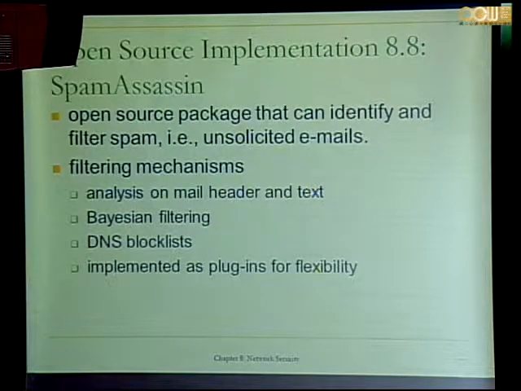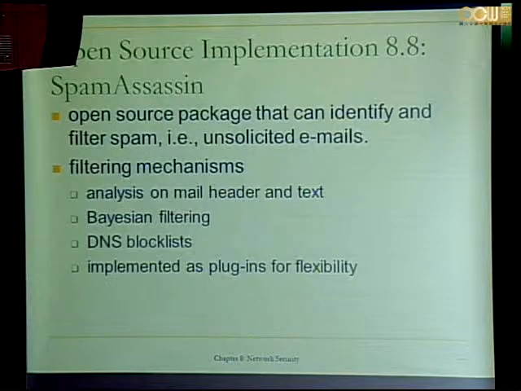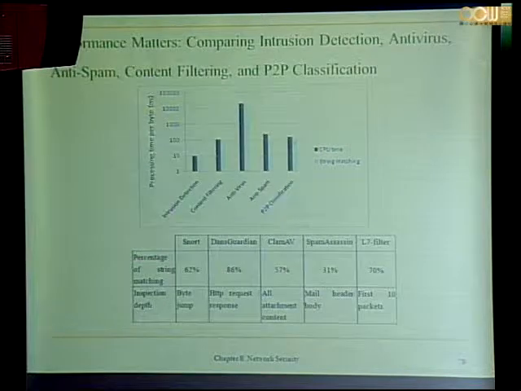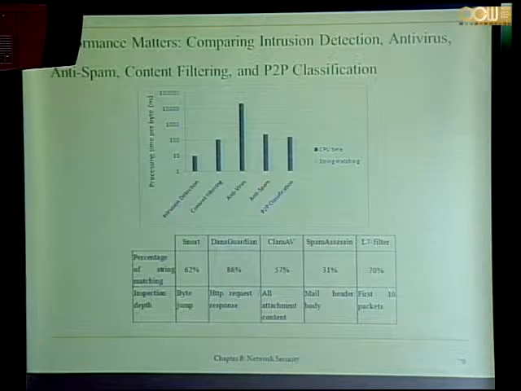There's another open source implementation, SpamAssassin, which is used to detect and block spam mail. It also does string matching, but with Bayesian probability calculation. I will skip this because it's not that related to security. Sometimes you don't consider spam as a security threat.